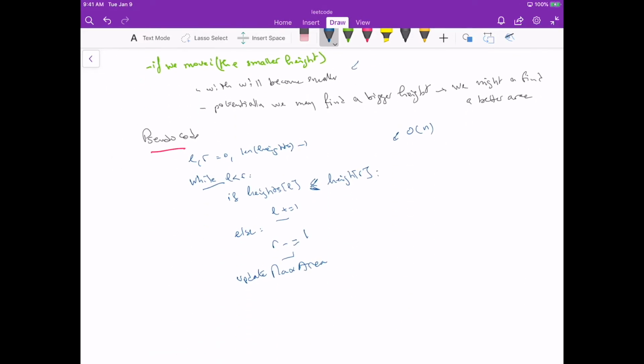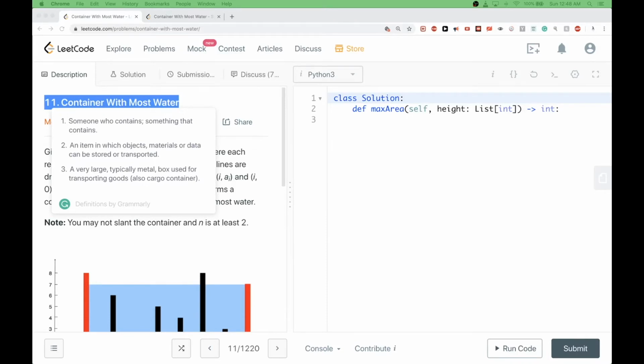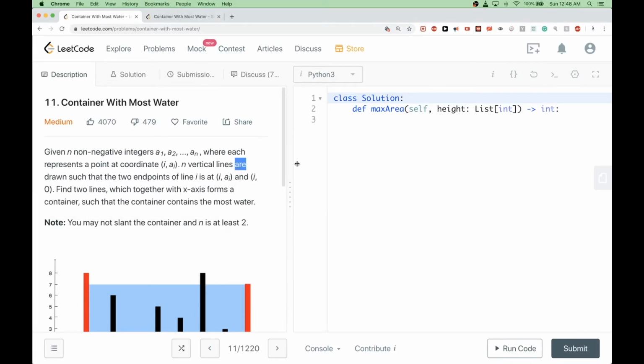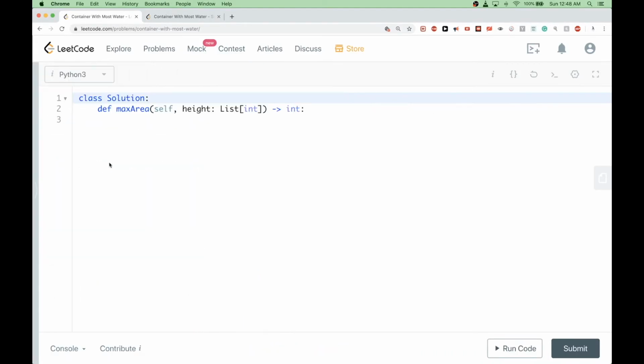Okay, so let's see the code for this solution. Okay, so let's code the better solution. So this solution, we said we need to have 2 pointers, just the same as the pseudocode outline. And we need the max area that we will keep computing like we did with the brute force solution.